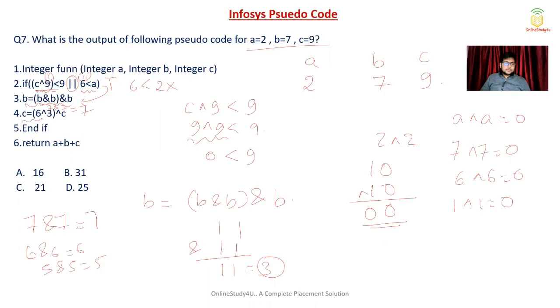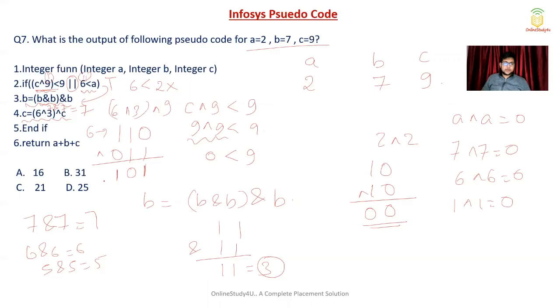After that, I have to do this operation, that is 6 XOR 3 XOR C. What is the value of 6 XOR 3, and what is the value of C? That is 9. Okay, let's do this. How can we represent 6 in binary representation? It can be represented as 4 plus 2, that is 6. And how can we represent 3? That is 2 plus 1. And I have to take its XOR. So this will be 1, this will be 0, this will be 1 again.